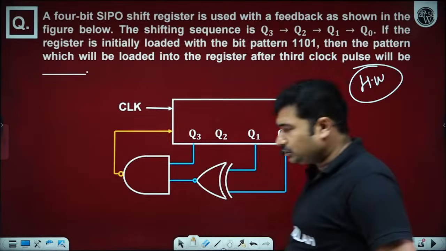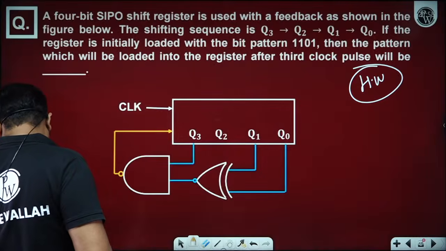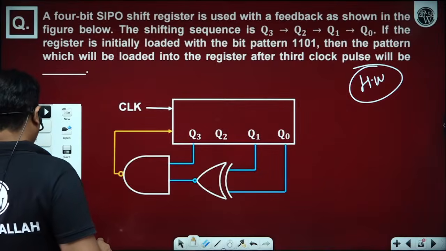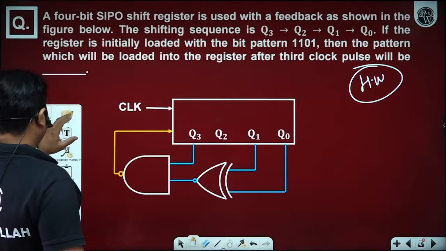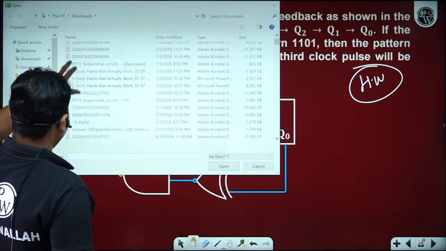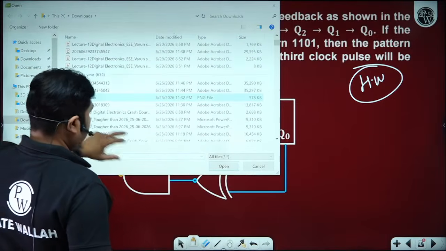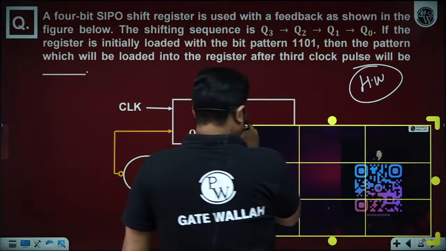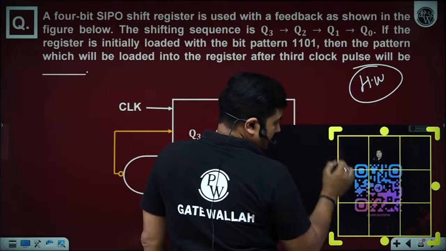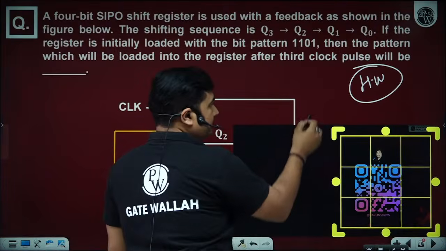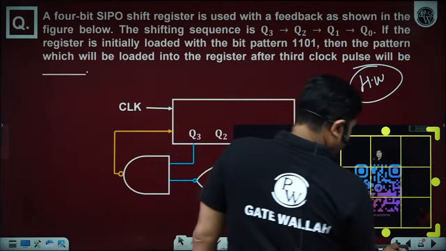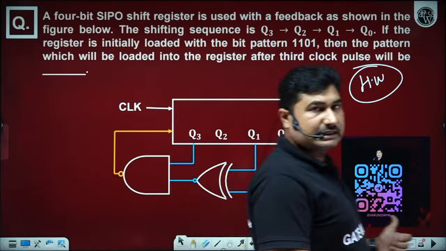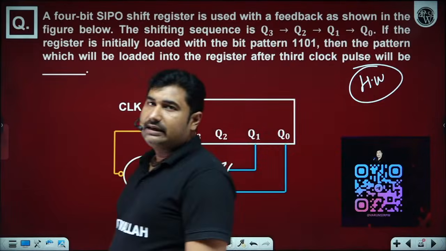Try to solve this question, and after solving it, post your solution onto the Telegram, where you can just ping me. Kindly check the solution, sir. Just do the scan. You are directly connected to the Telegram, Varun sir, PW.